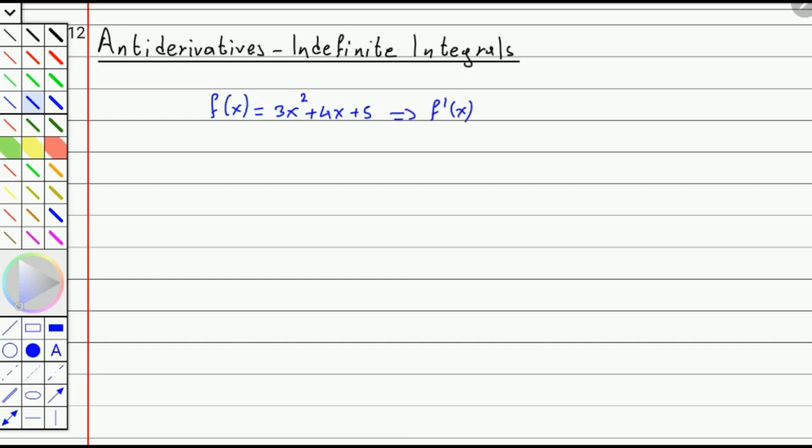Let's do it step by step because this is important. Equals, we have 3 times 2x to the 2 minus 1, plus 4 times the derivative of x, which is 1, plus 0, and so f prime of x is 6x plus 4.